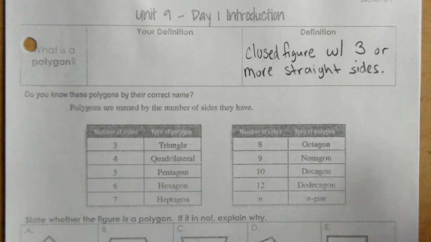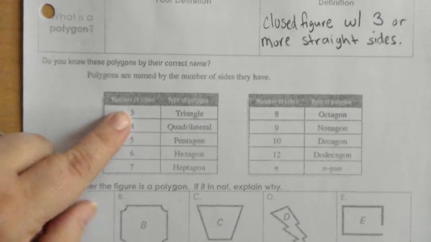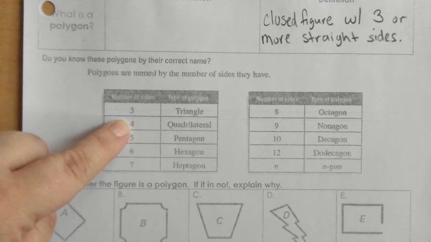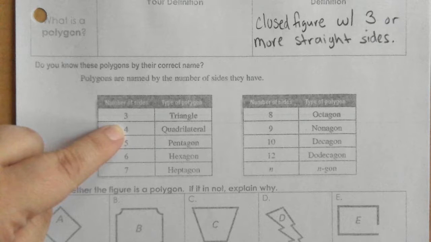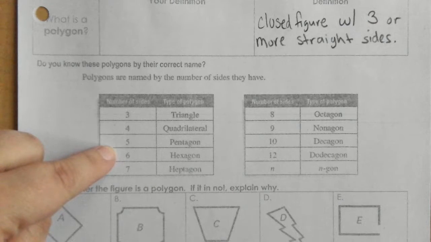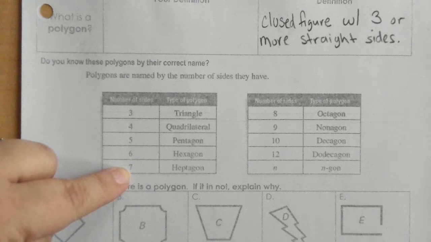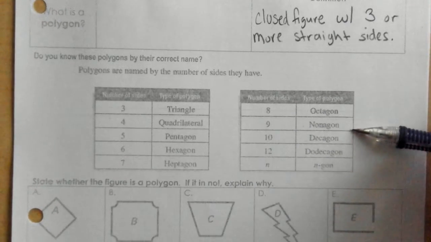And in this little chart, I just gave you what you name the different polygons. Of course, you should know a triangle is 3 sides, quadrilateral is 4. And you've learned that quadrilateral has different types, like square, trapezoid, rectangle, rhombus, kite. 5 sides is pentagon, 6 is hexagon, 7 is heptagon, 8 octagon, 9 nonagon, 10 decagon.